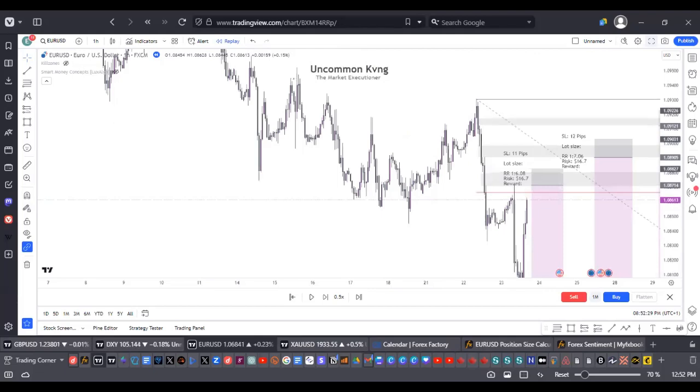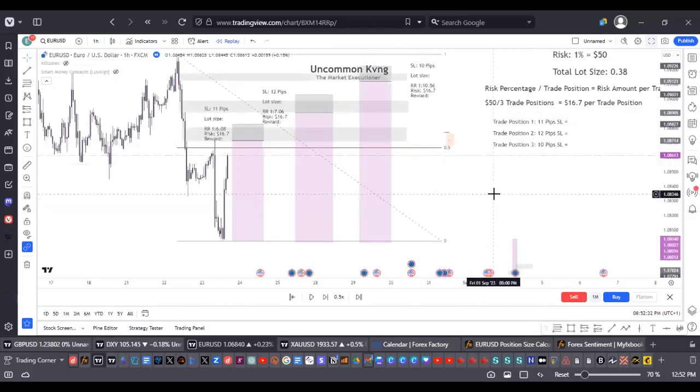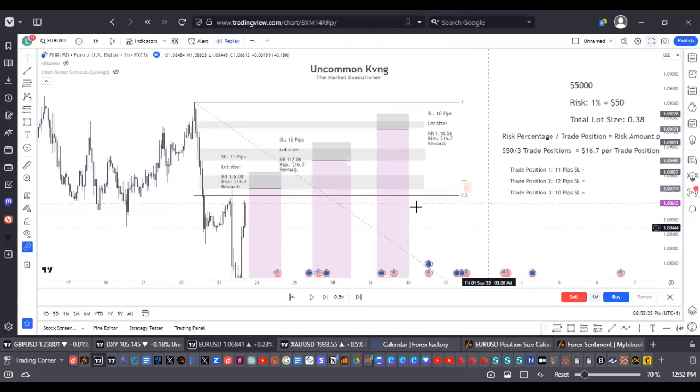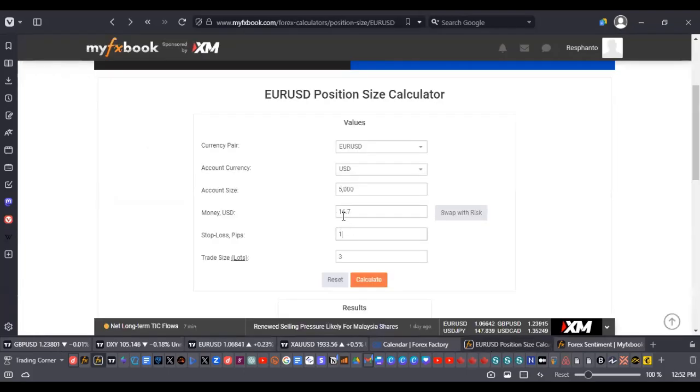All right, so yeah. Now don't forget that the trade position 1 is 11 pips. Now we'll come here after inputting the amount into the money value, into this part, which is money instead of percentage.